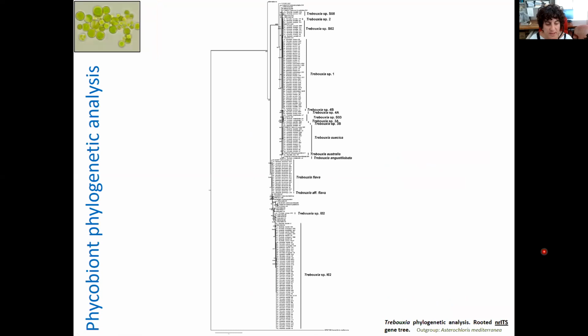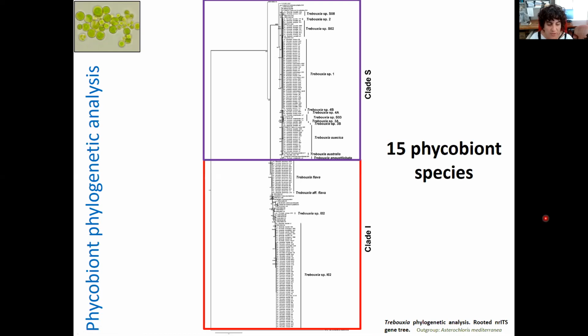The genetic diversity of Trebouxia species was screened by using the ITS region and a chloroplast marker. In the case of the ITS region, newly obtained sequences were aligned with the OTUs published by Libet, also with well-accepted Trebouxia species retrieved from the GenBank, and with Asterochloris mediterranea as the outgroup. 15 microalgae species were detected in the lichen thalli studied.